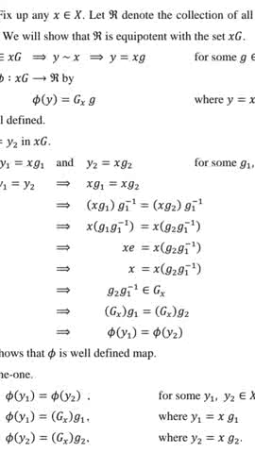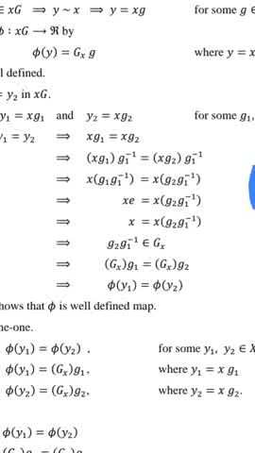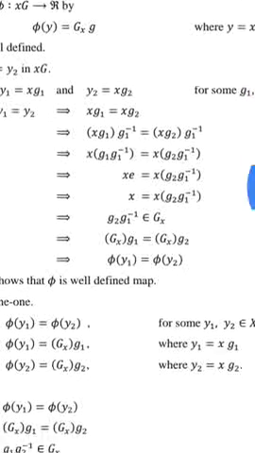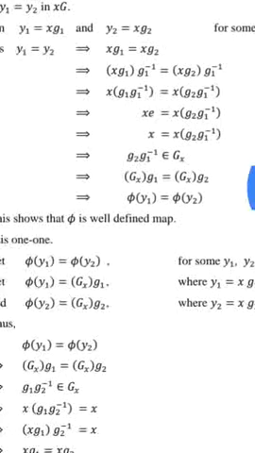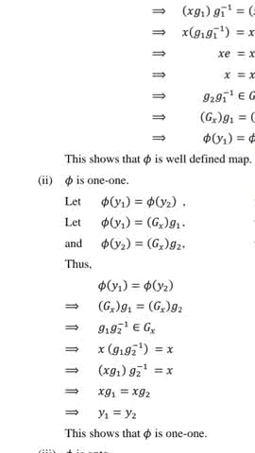Therefore, x is equal to x g2 g1 inverse, and g2 g1 inverse belongs to Gx, and Gx g1 is equal to Gx g2. Therefore, phi of y1 is equal to phi of y2, and this shows that phi is a well-defined mapping.